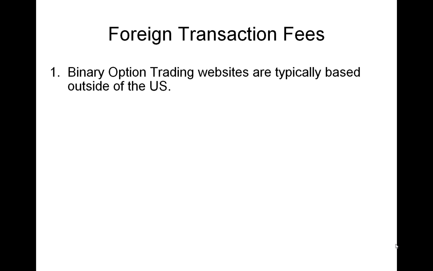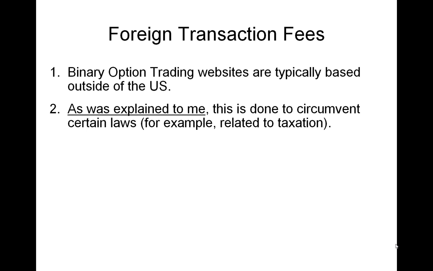So, foreign transaction fees. This may not apply to everybody, but I think it's of particular relevance to people in the United States, as I am, because binary option trading websites are not typically based in the United States.